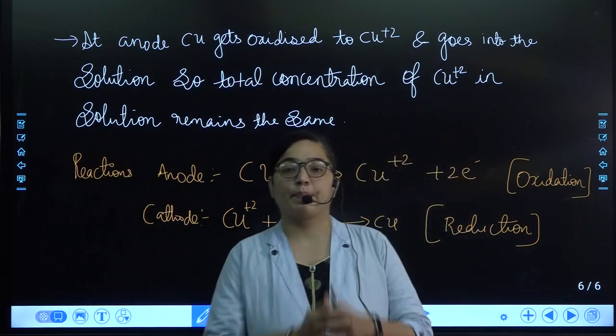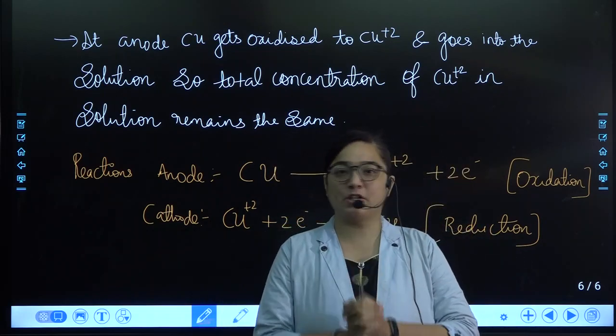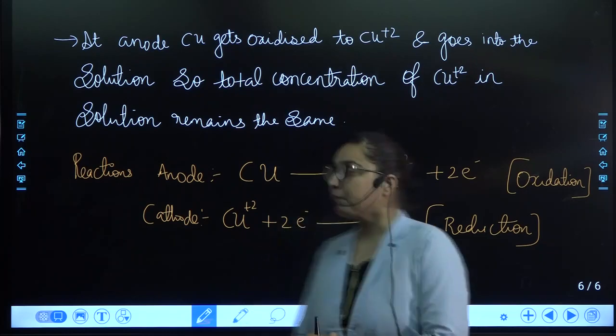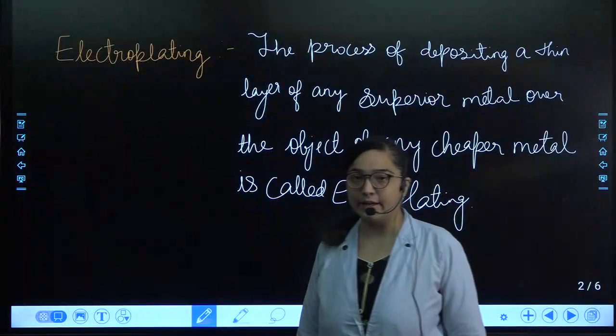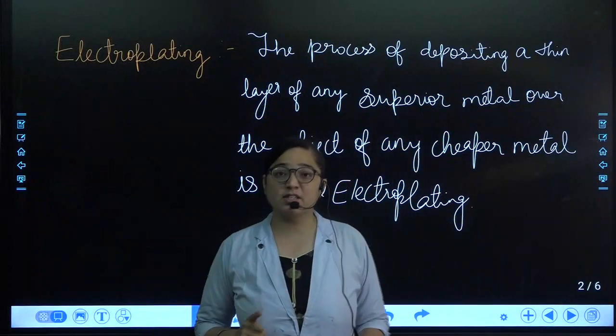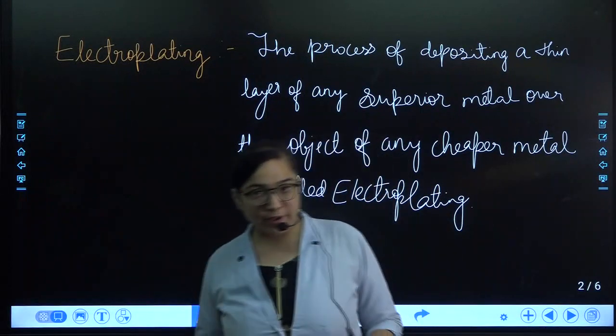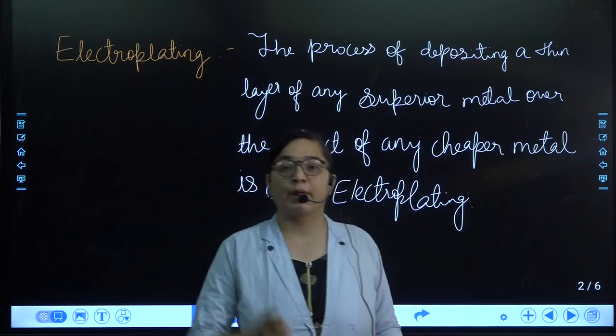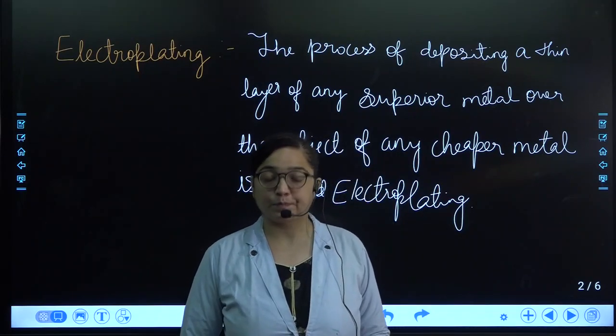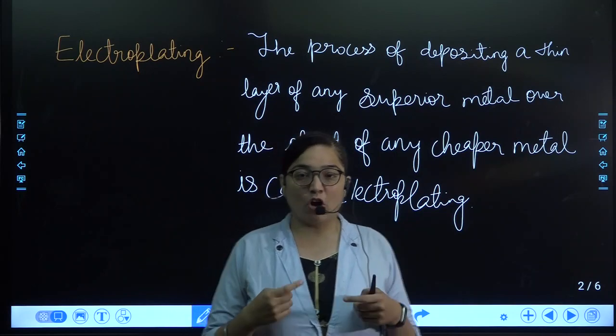Now friends, once again, the whole process of electroplating. We started today with what is electroplating. Electroplating is the process in which any superior metal is deposited on any cheaper metal by using electricity. What are the objectives?